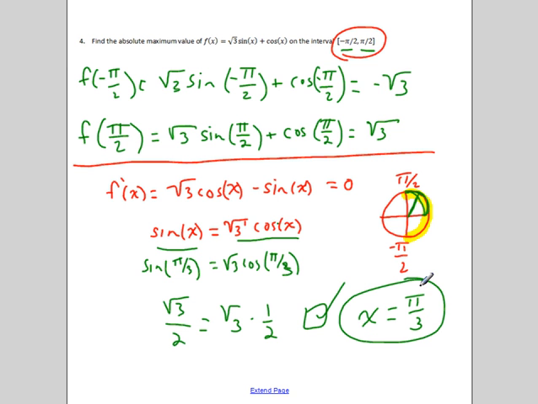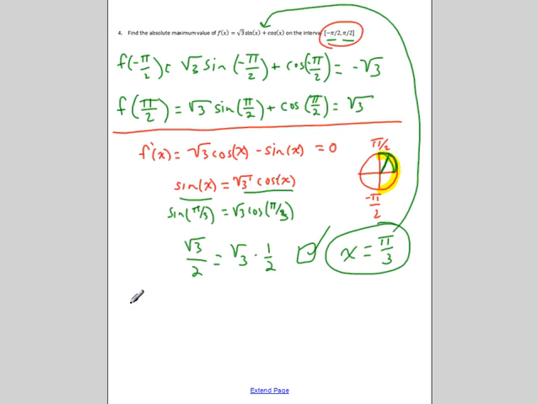So then we need to plug this critical point into our original function. And when we do that, and when we're very careful about things, our function evaluated at pi over 3 equals root 3 times sine of pi over 3 plus cos of pi over 3.